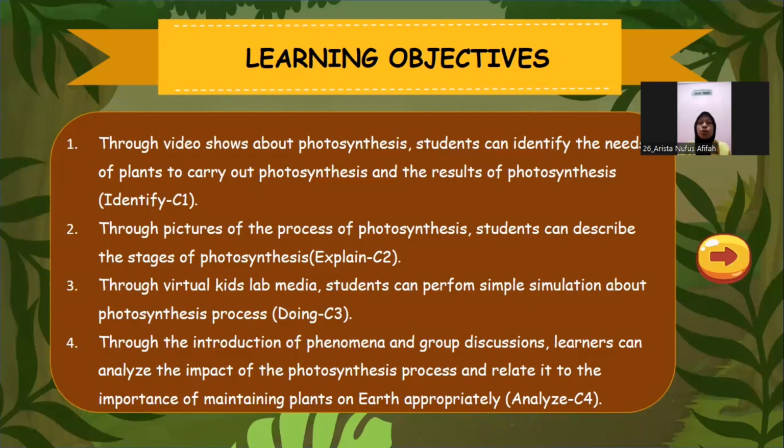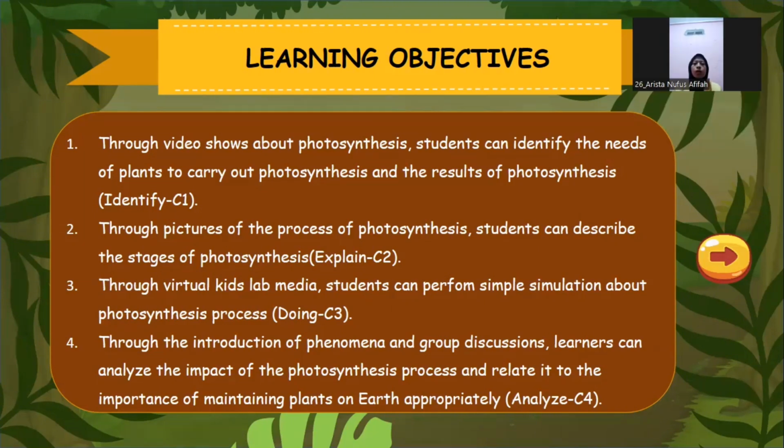Third, students can perform a simulation through virtual laboratory media or Virtual Labs Kit about the photosynthesis process. And fourth, students can analyze the impact of the photosynthesis process and relate it to the importance of keeping plants on earth.